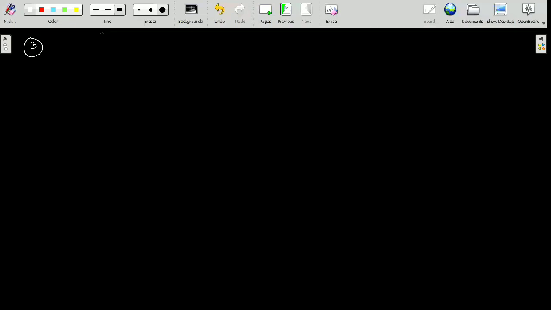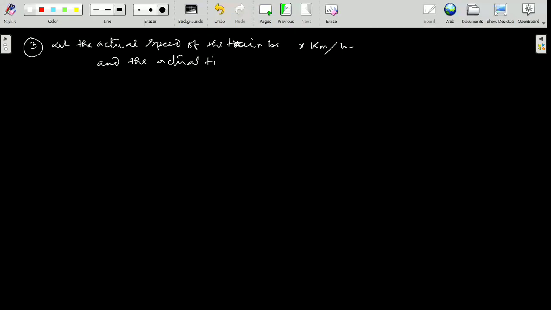So obviously you have to consider the actual speed of the train. So first of all we consider let the actual speed of the train be x kmph, and the actual time taken, obviously you have to take the time also, be y hours.